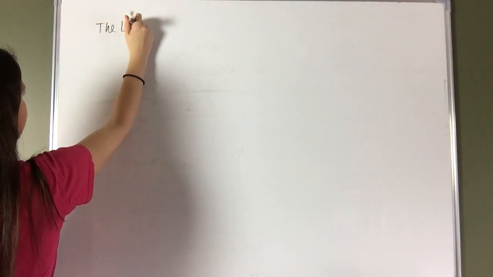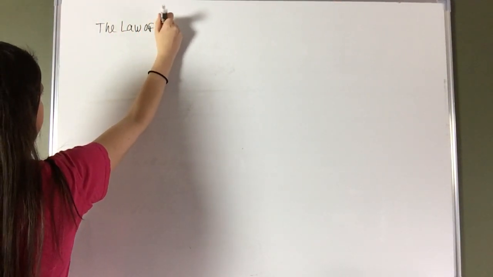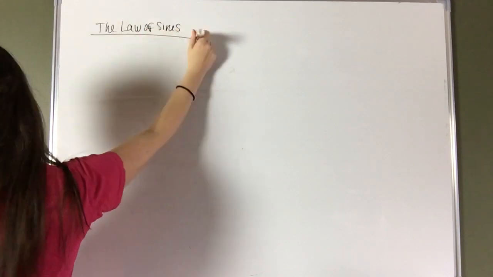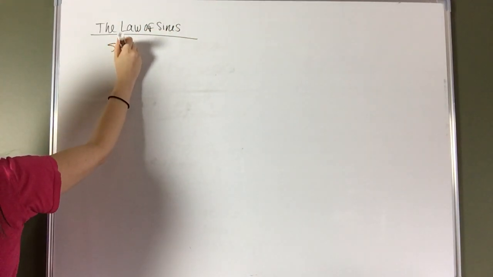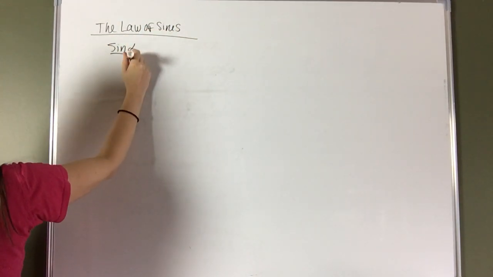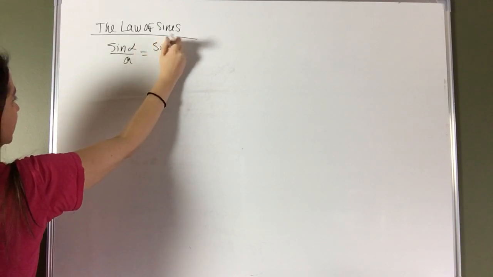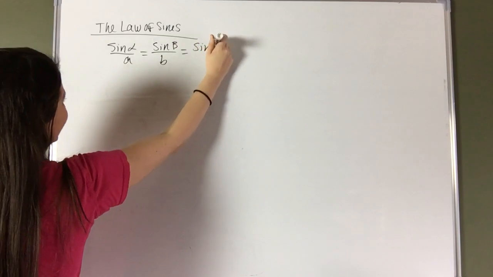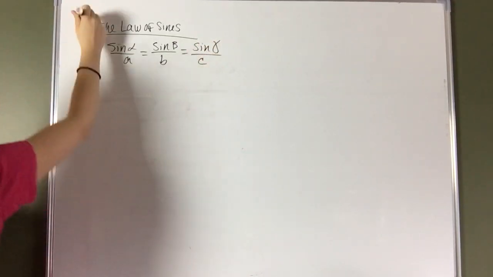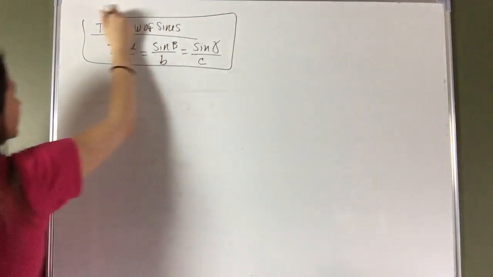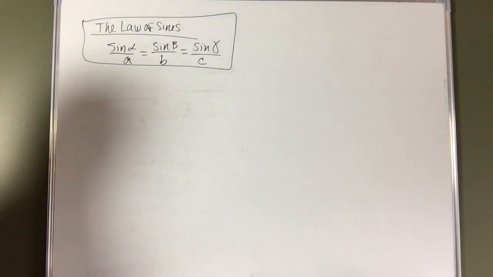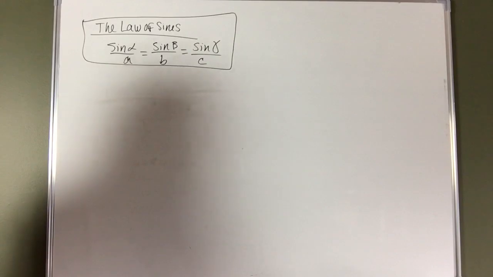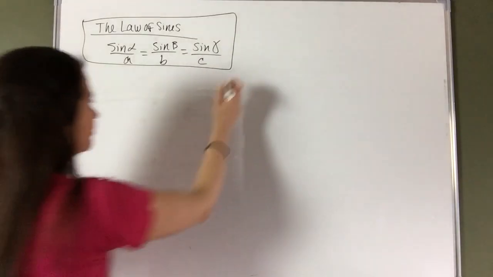The law of sines tells us that sine of alpha over A is going to equal sine of beta over B, which also will equal sine of gamma over C. So this works in any triangle. However, you have to know at least one angle-side opposite pair.